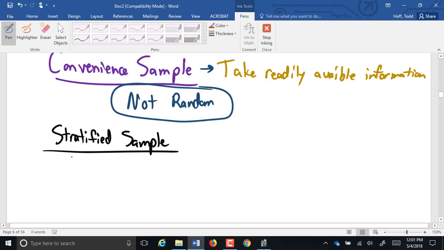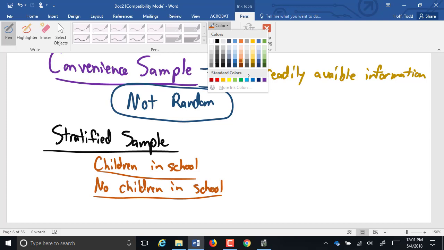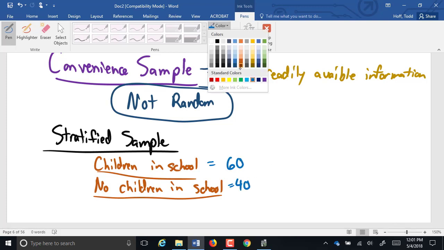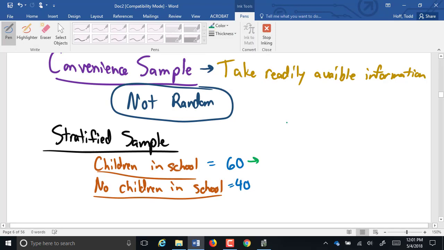Let's say we have people who have children in school and people with no children in school. And let's say that we have, in the district, 60 people have children in school and 40 don't. Again, that population of 100.